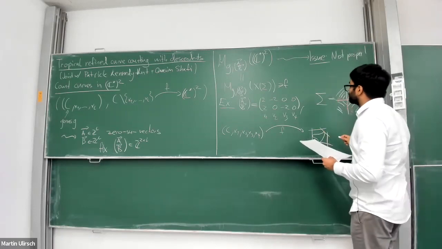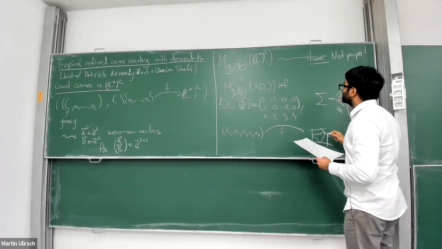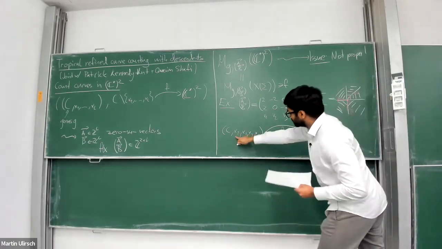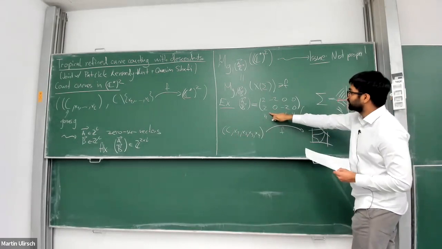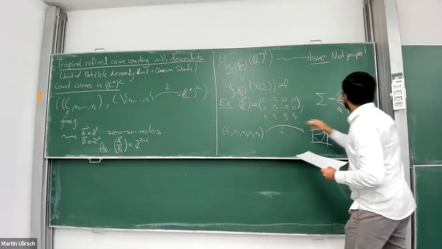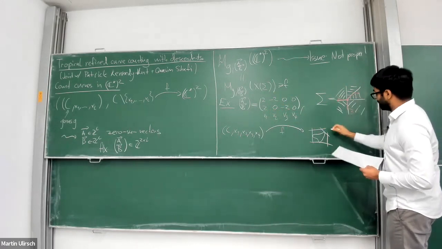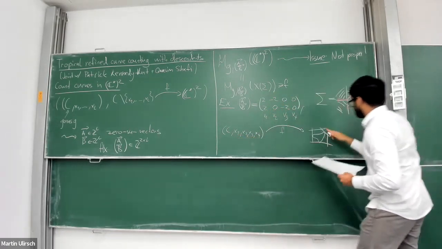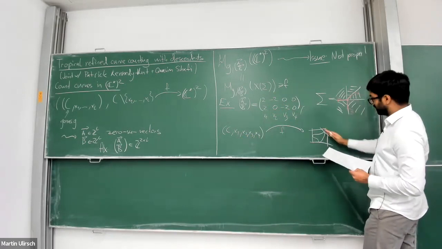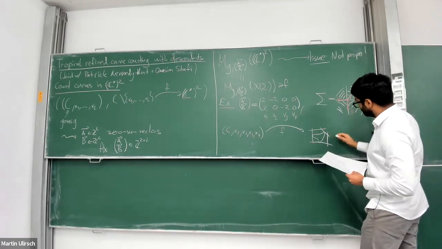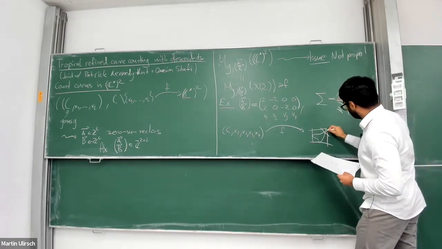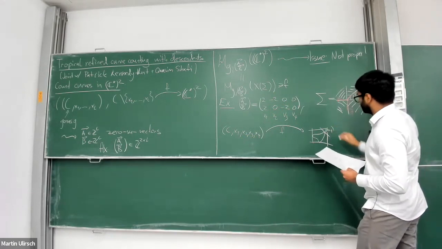For the first marking, I look at the first column vector. I see the first column vector is along this ray. That's telling me that this marking is being sent to the corresponding divisor. So this is the marking x1.